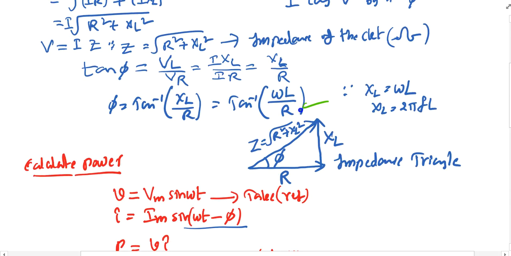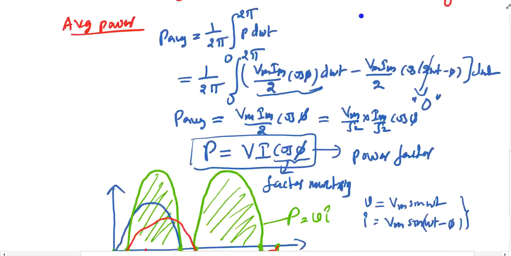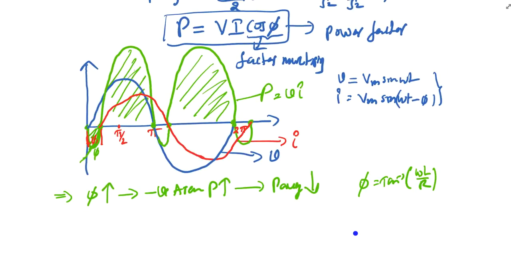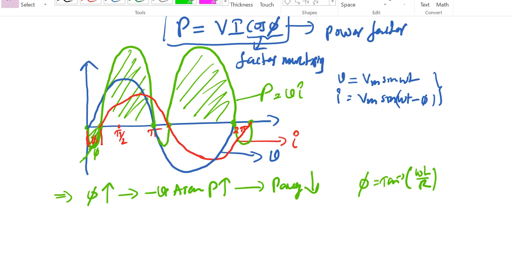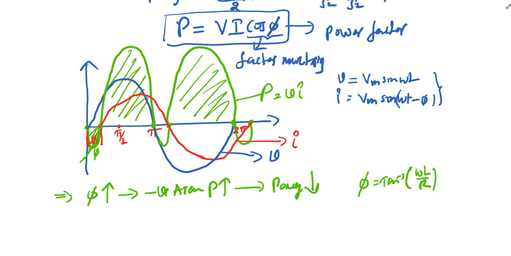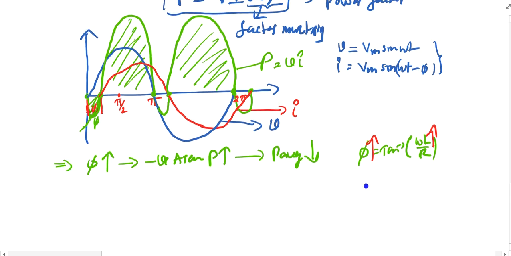It means that if my inductance increases, then obviously my phi also increases. As my inductance increases, the negative area is going to increase, therefore the average power may be reduced. So these are the different contexts in which you can understand this concept.